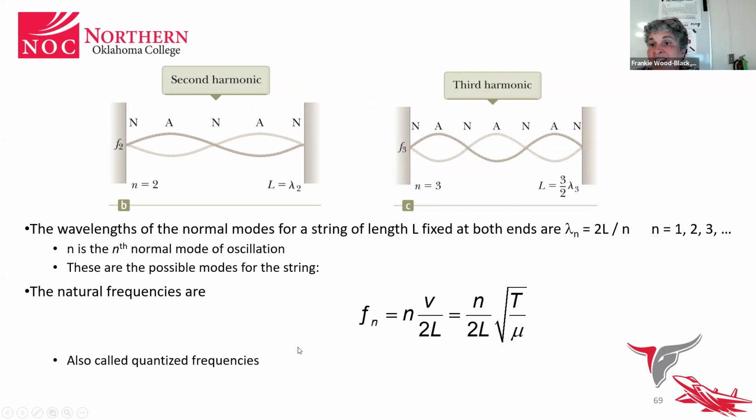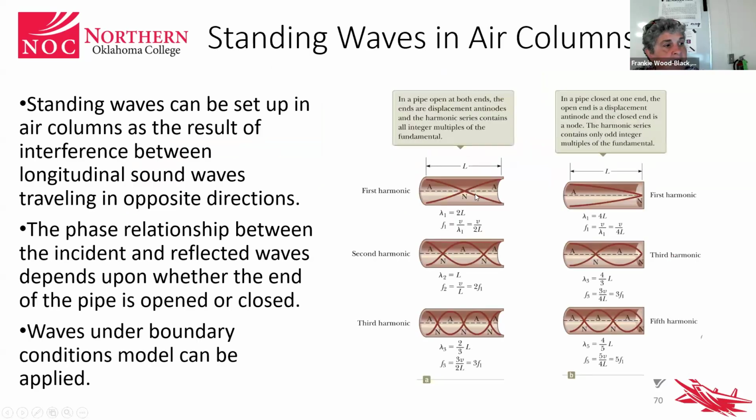And we can find the natural frequencies based on the tension in my string and the length of my string. You can do the same thing in a pipe. If I have two open-ended pipes, I get my antinodes at the open ends and I get my nodes at the closed ends. So we get the same kind of resonance items there.